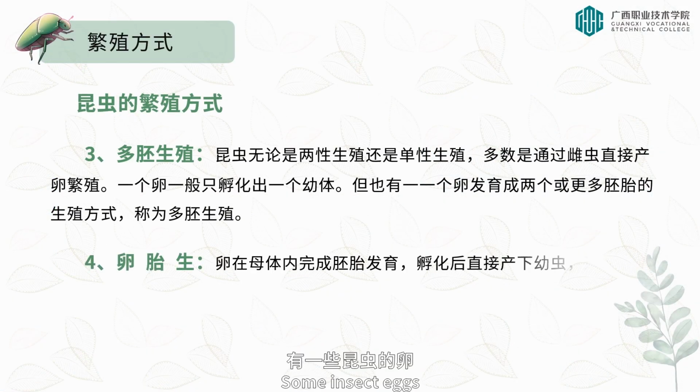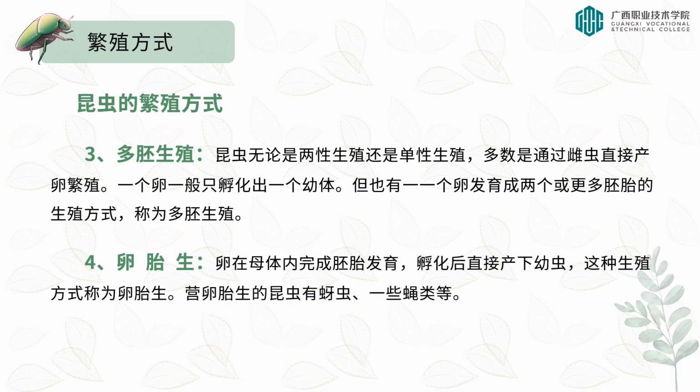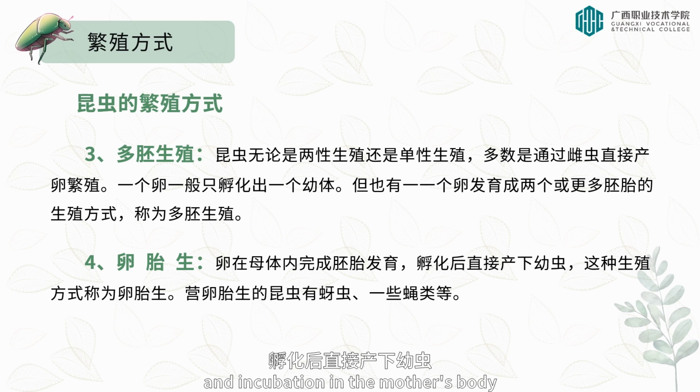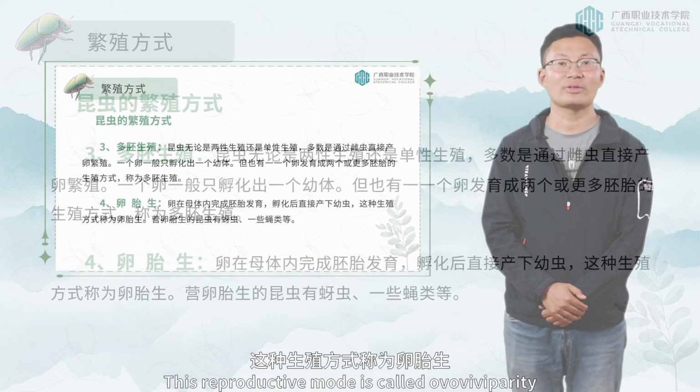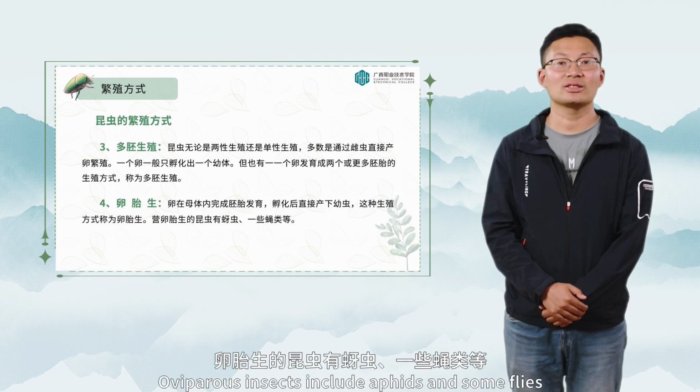Ovoviviparity. Some insect eggs give birth to larvae directly after embryonic development and incubation in the mother's body. This reproductive mode is called ovoviviparity. Ovoviviparous insects include aphids and some flies.